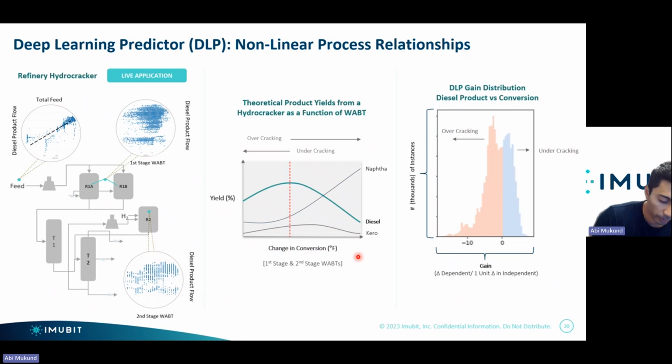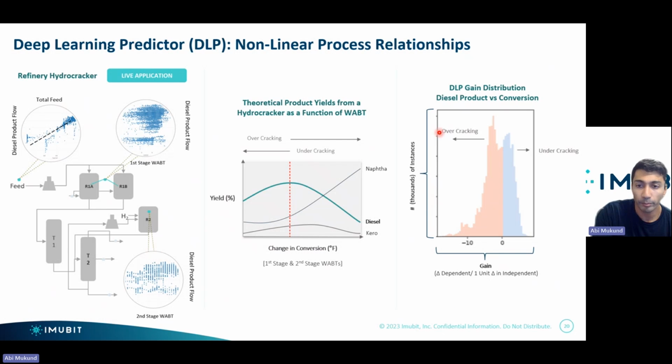So when we train the deep learning predictor on hydrocracker plant data, we see exactly what theory tells us. When we look at the gain distribution, gains are on the x-axis here, and on the y-axis is the number of instances, the frequency, across 10,000 different situations in which we see the steady state gain.